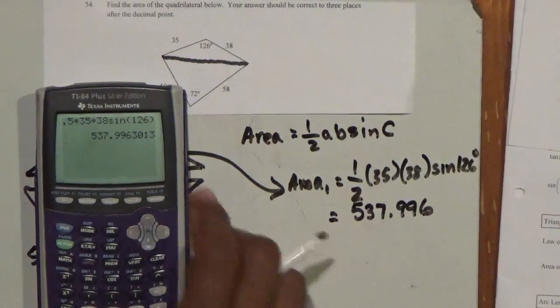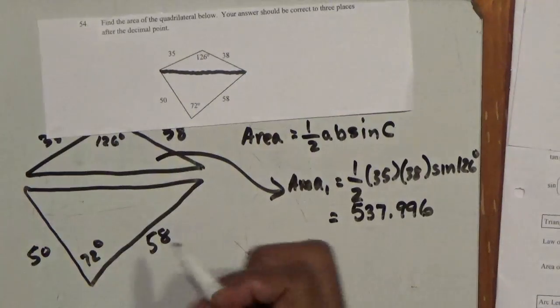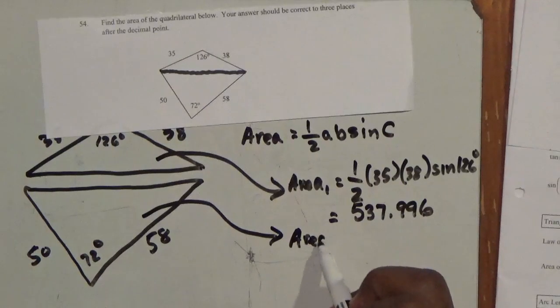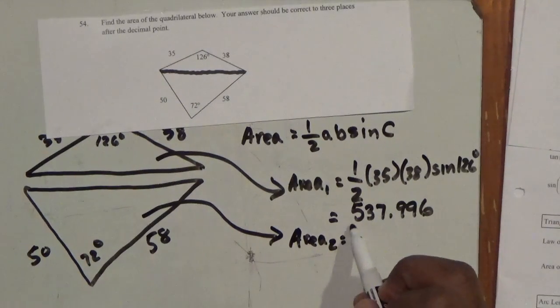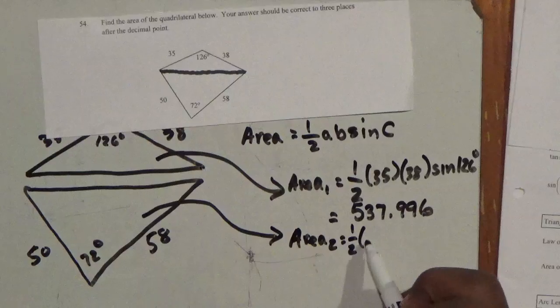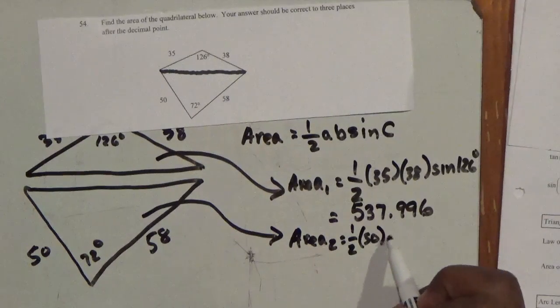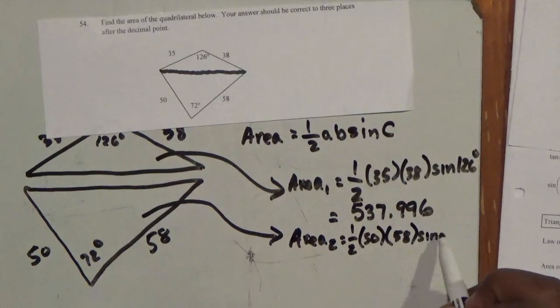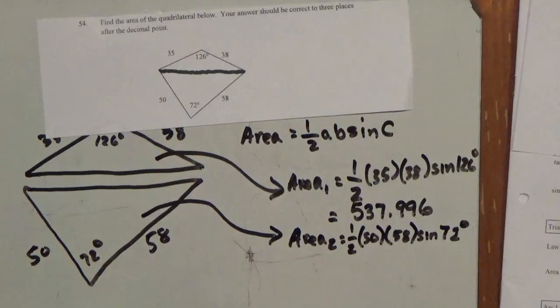And then we're going to find the area of the second triangle. So area 2 is going to be 1/2 times 50 times 58 sine 72 degrees.